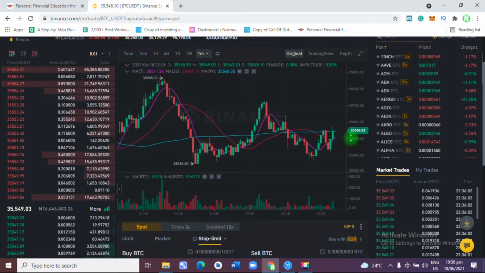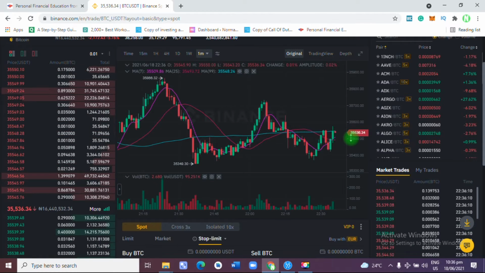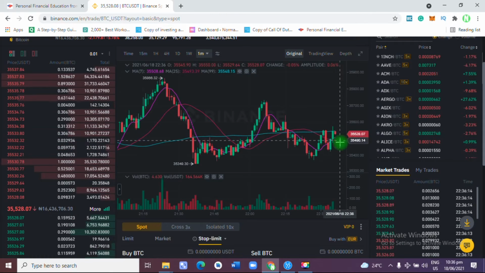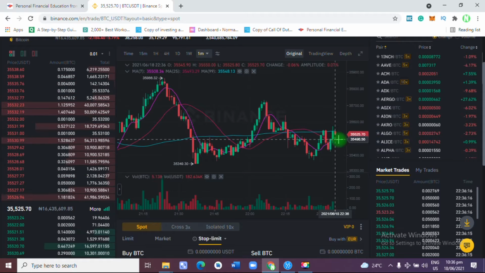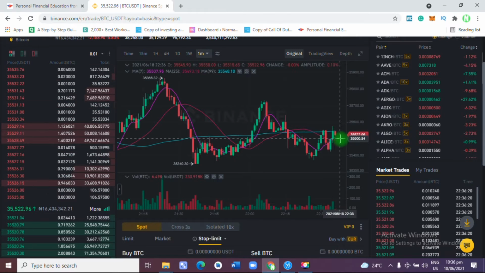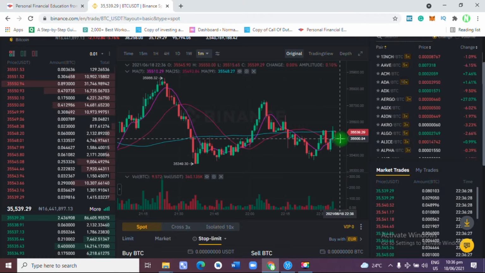So if you were to use 100,000 and you are hoping that it continues to go up, but unfortunately instead of it going up, it's coming down, stop limit will help you. As you can see right now, it is coming down, and as soon as it touches this line, if we had used stop limit, an order will be made and our trade will be activated. Our coins will be sold so that we can manage our losses.